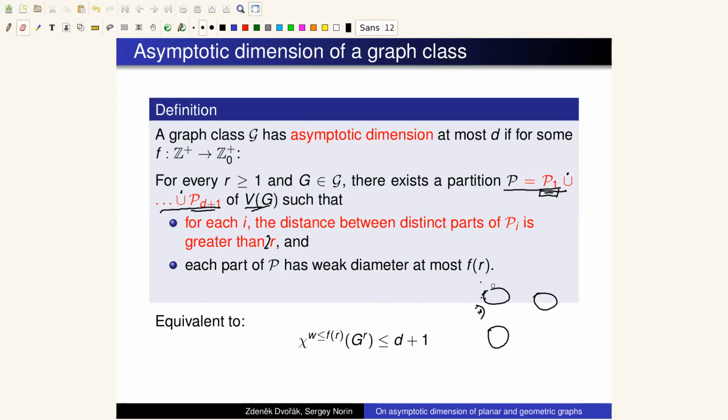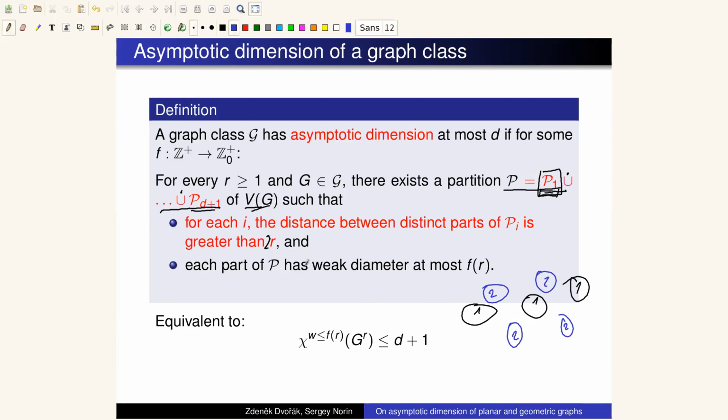So I can just imagine that these are colors. I will give all the vertices which are in the parts of P1 the color 1, all the vertices that are in the parts of P2 the color 2, and so on.